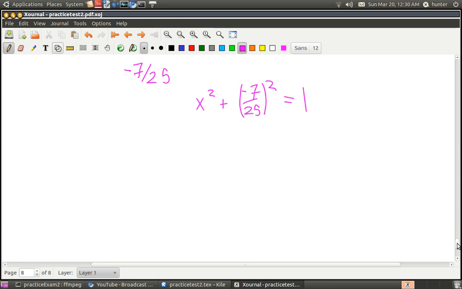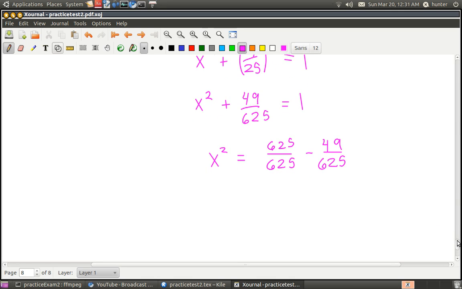So we've got x squared plus 49 over 625 is equal to 1. So x squared is equal to 625 over 625 minus 49 over 625.